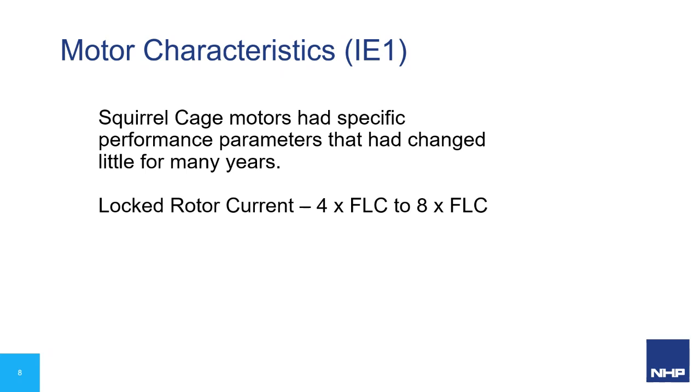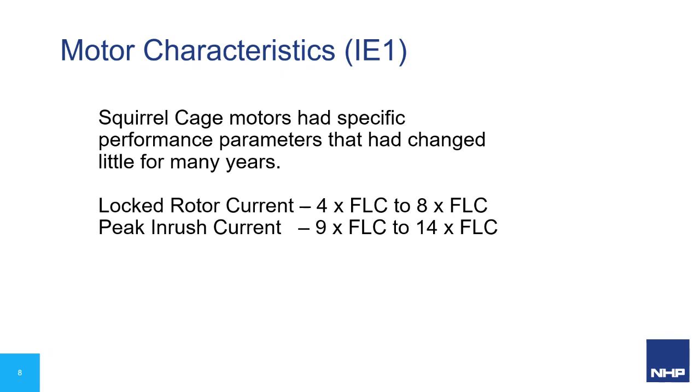Standard squirrel cage type motors displayed locked rotor currents between 4 and 8 times their full load current. All devices that are rated to start and operate these motors to IEC and Australian standards are based upon these types of full load currents and locked rotor currents.